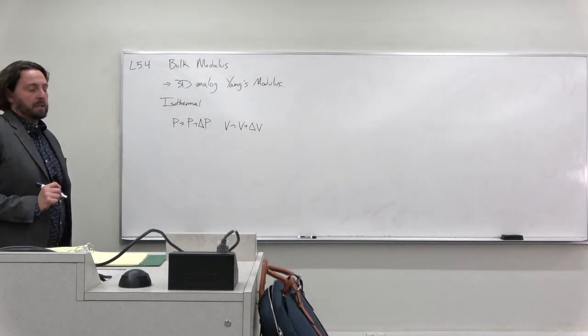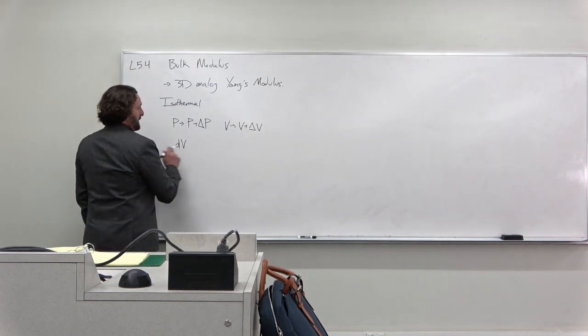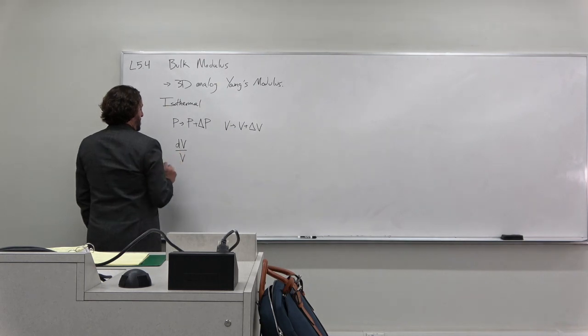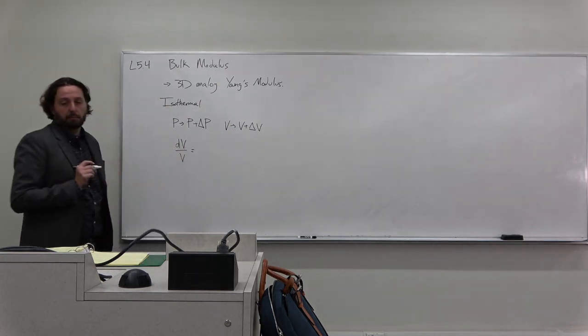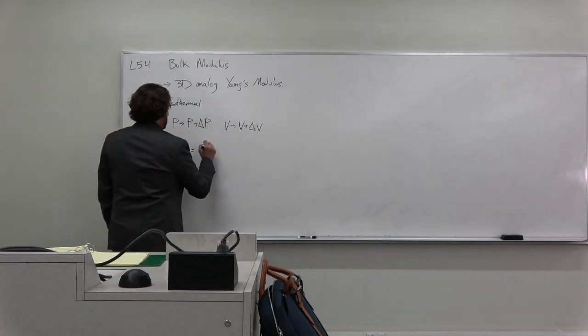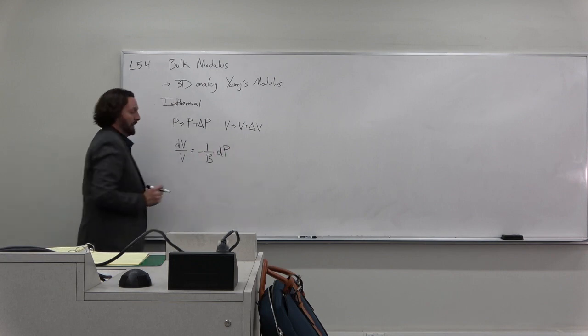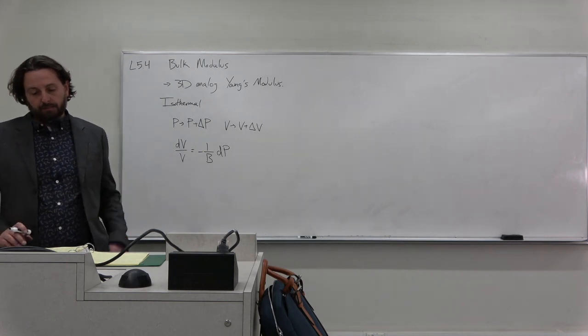So just like before, we're going to have dV. That's what we're looking for. It's going to be normalized. We're going to have minus 1 over B dP. So compare that to your equation for the Young's modulus.